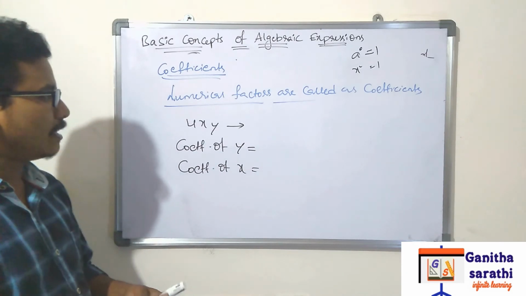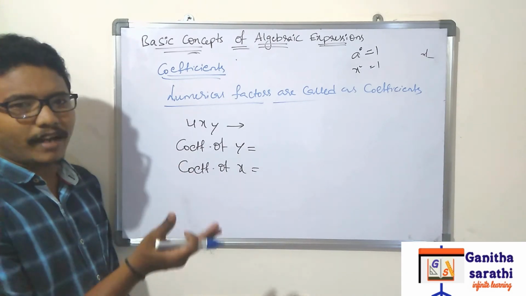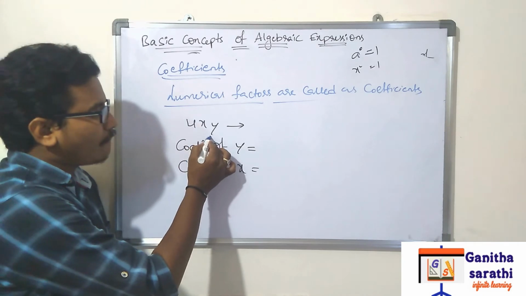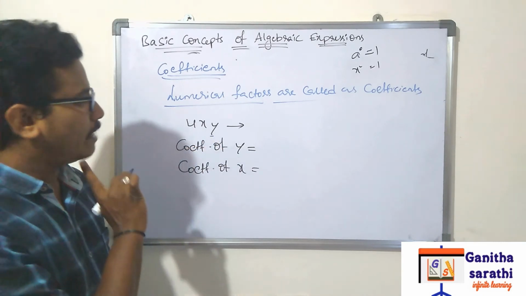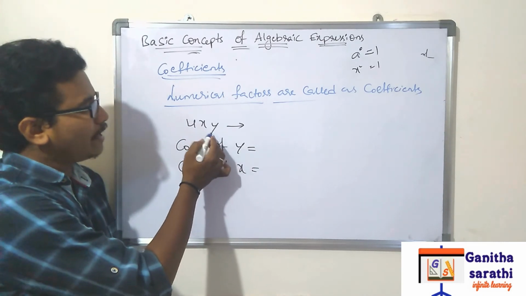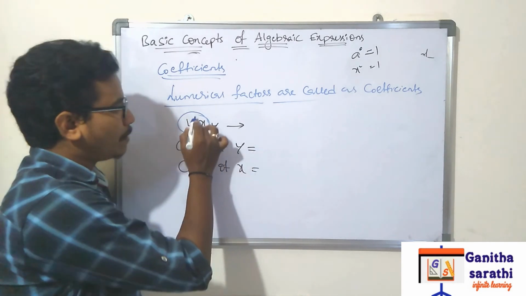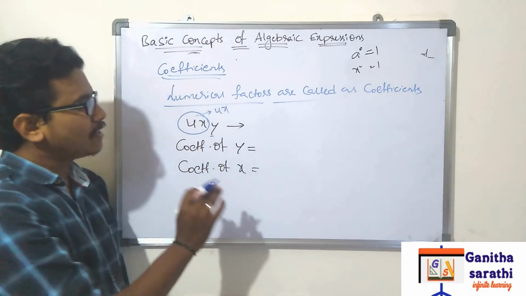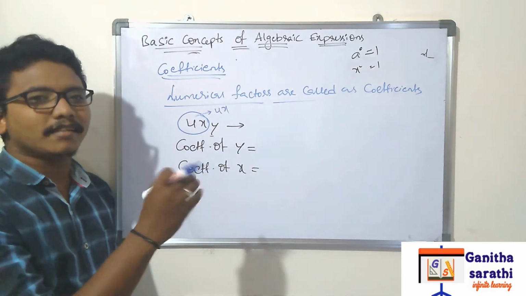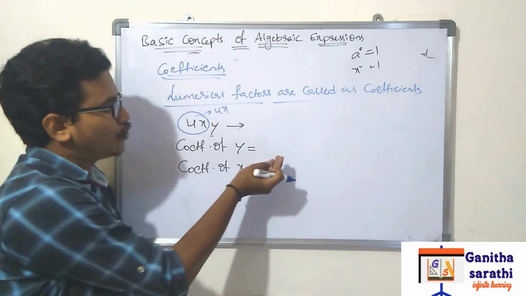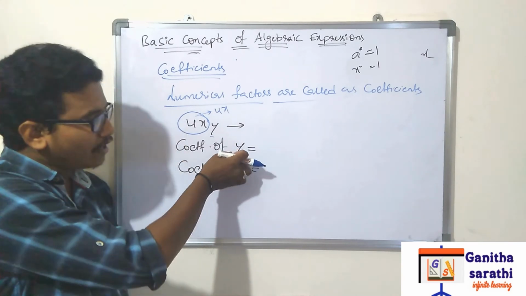What will be the answer? Always numerical factors will not be the answer. One definition: what is multiplied to y? 4x. So the coefficient should be multiplied to the given term.